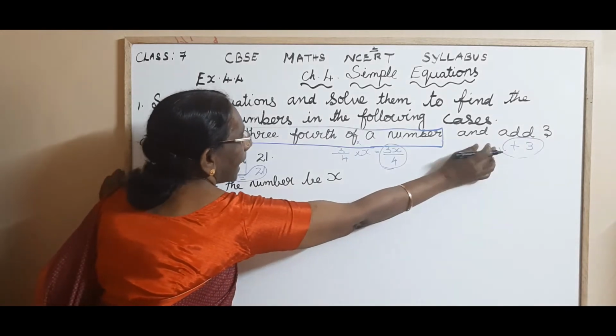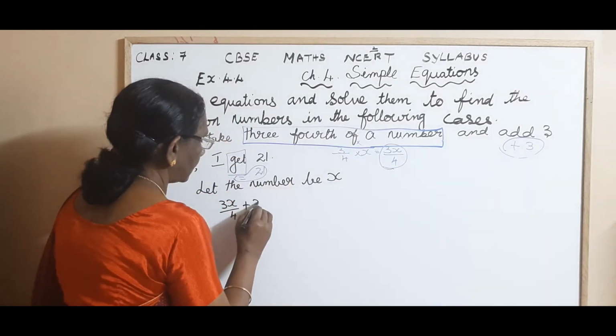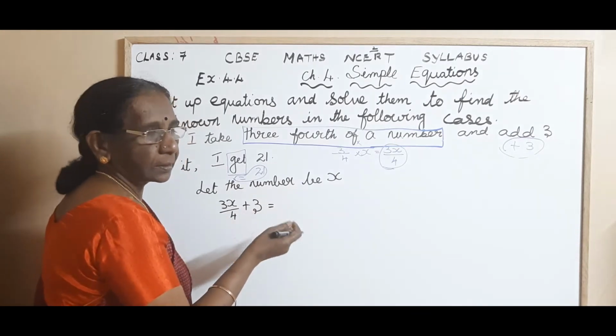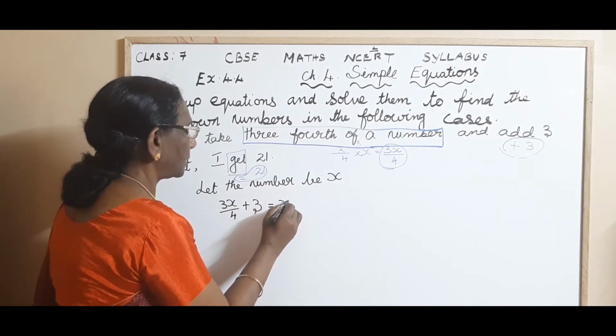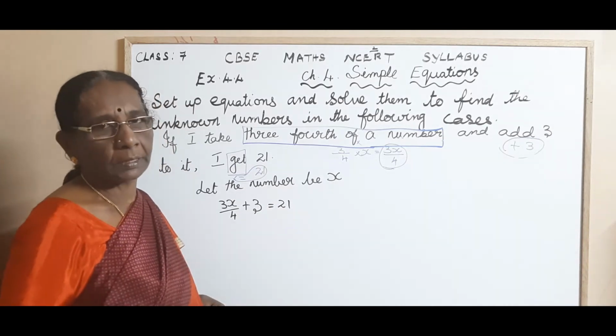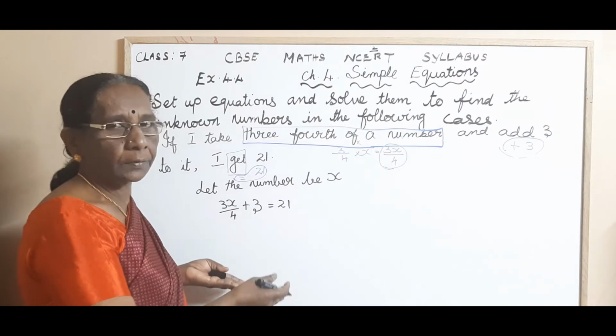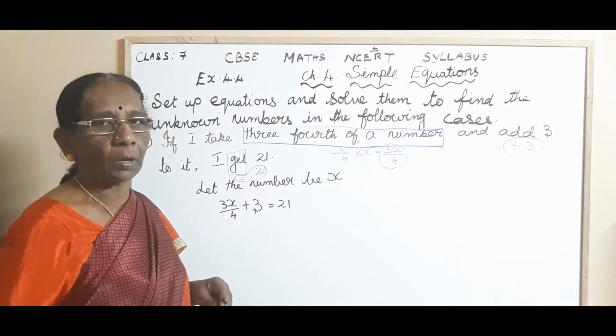Then you are adding, so plus 3. Then equals. Get means equal. Gives means equal. 21. So the equation is set up. We have formed the equation. Now you know how to solve it.